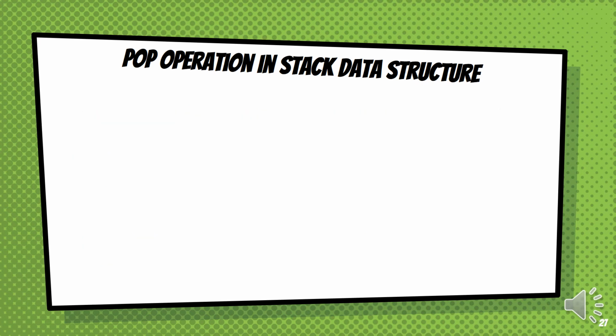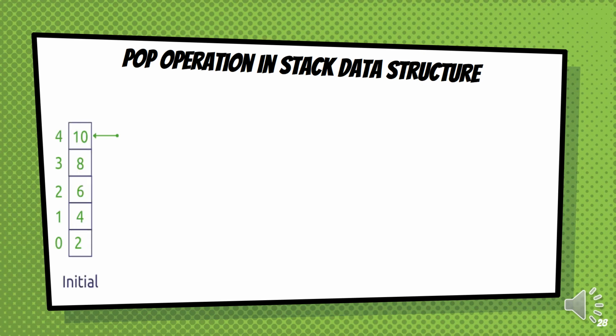So here we are going to see the implementation of the pop operation. It means we are deleting the top element of the stack. Here we are initializing the full stack.